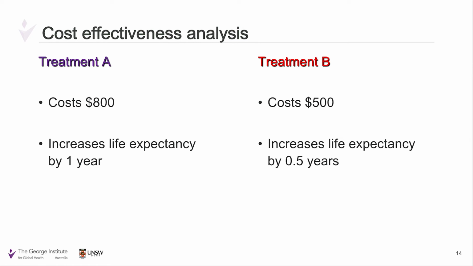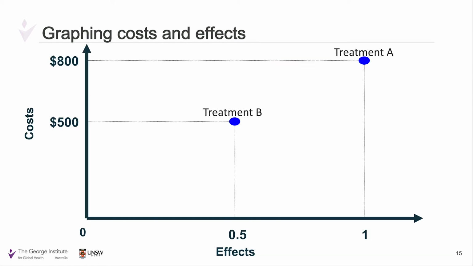Treatment A is probably the new intervention. So when we're doing cost effectiveness analysis, we generally do it in relation to programs that may cost more but have a claim to greater effectiveness. And that's the case in this example. So this new program costs a bit more, $300 more than the old program, but has an advantage of increasing life expectancy by an extra half a year.